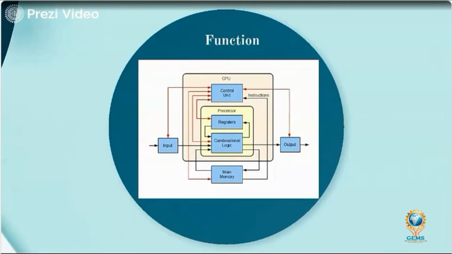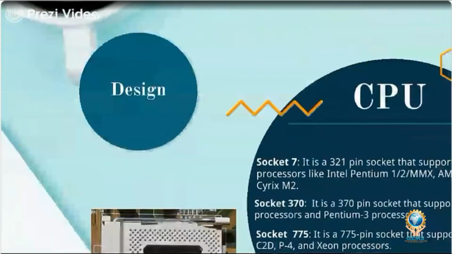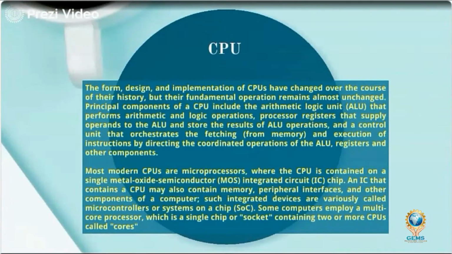And after that, we see the CPU form design. The form, design and implementation of CPUs have changed over the course of their history, but their fundamental operation remains almost unchanged.